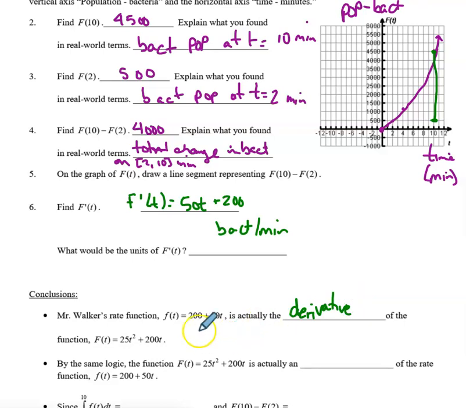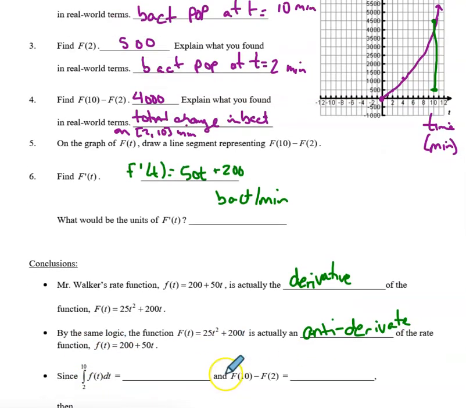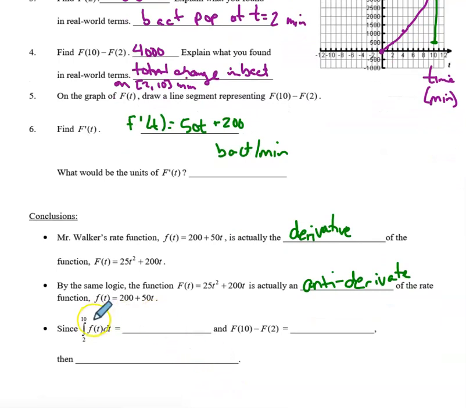of Dr. Ricketts' function, big F, and by the same logic, the big F function that Dr. Ricketts used is actually an antiderivative. Notice I said an antiderivative because it is not the general antiderivative. It is a specific antiderivative of the given rate function, little f. And we know that the total change on little f from 2 to 10 was 4,000 bacteria.